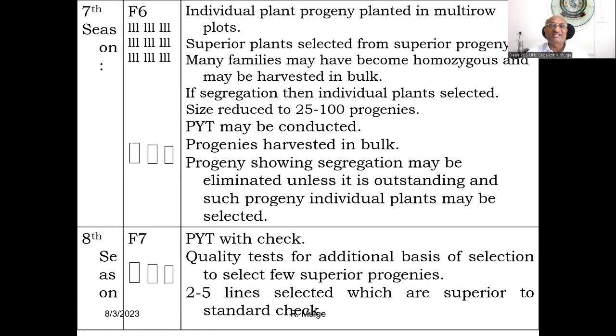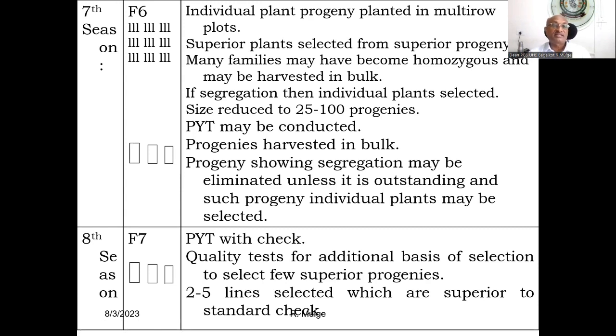Now from this season, the F6 generation, you can go for the preliminary yield trial. Progeny is harvested in bulk now. They have attained homozygosity. Progeny showing segregation may be eliminated. If anything is showing segregation, it's rejected unless it is very outstanding, and in such progeny, an individual outstanding plant may be selected.